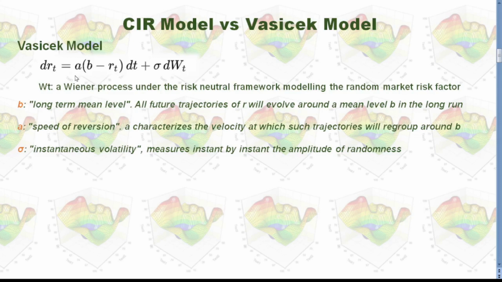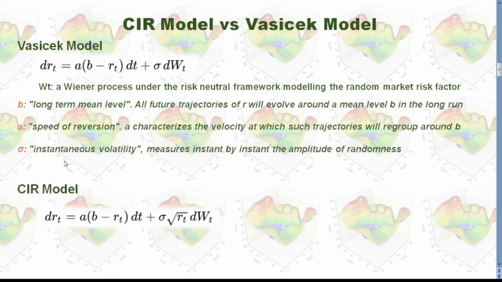And A is speed of reversion. And the sigma is instantaneous volatility. Please keep in mind, once the Vasicek model is calibrated, all A, B, and sigma are constant.